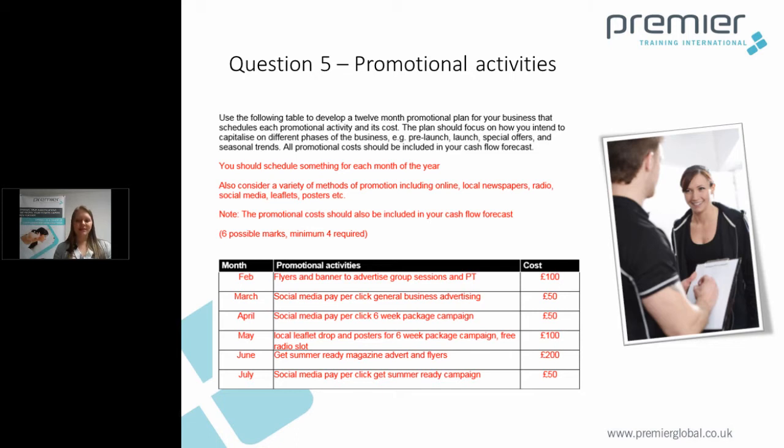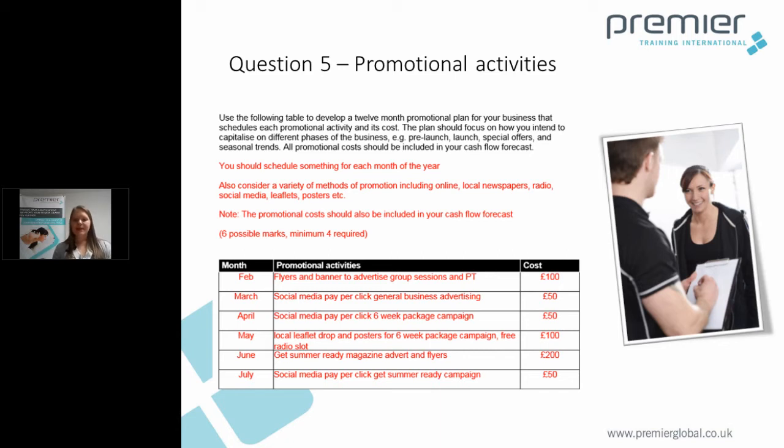You may need to do some research to check out these costs. As an example, to advertise in a local newspaper, a quarter-page advert for one edition is likely to cost in the region of £400. So it's worth looking at costings and what's realistic and will be the best value for money for you as the personal trainer or business owner.